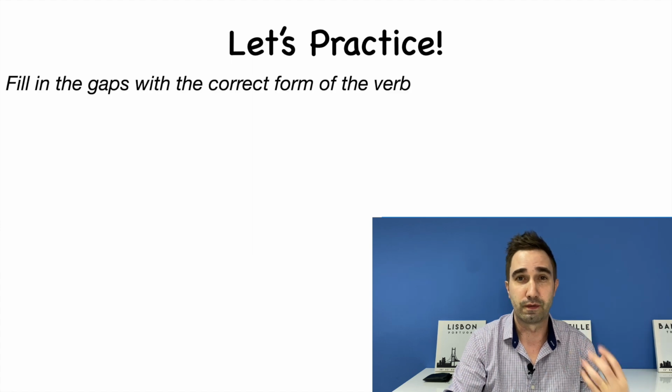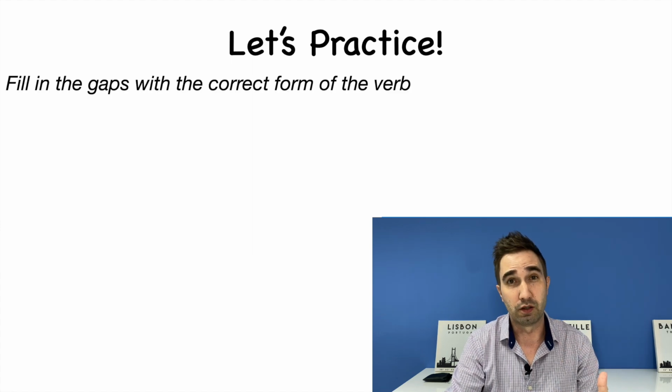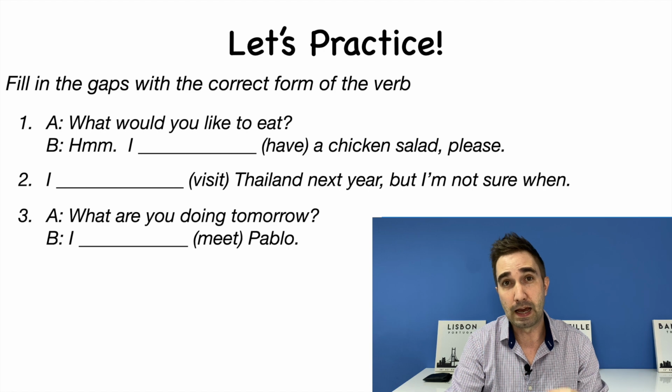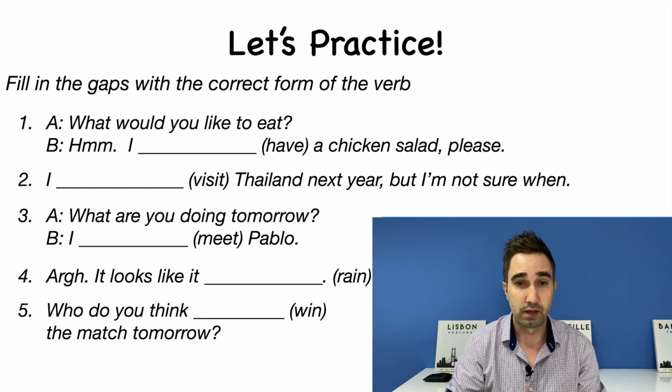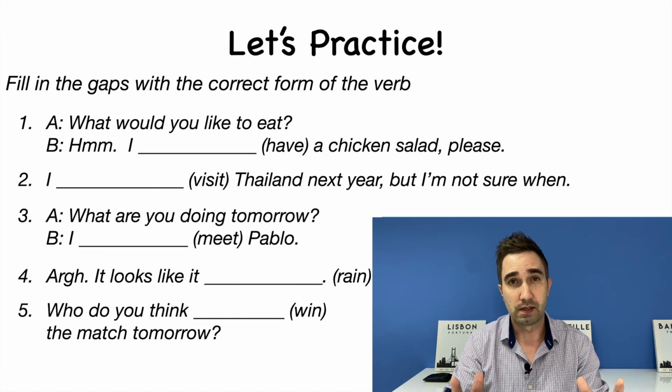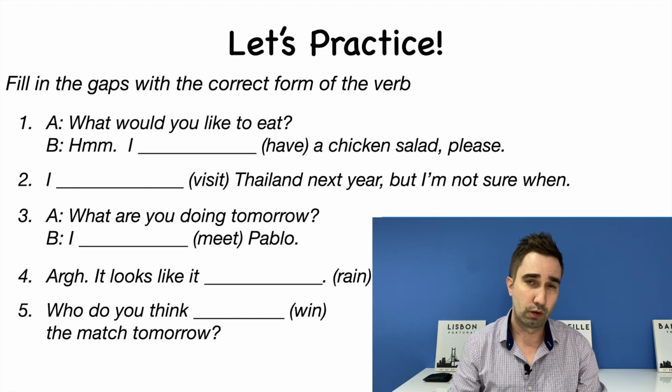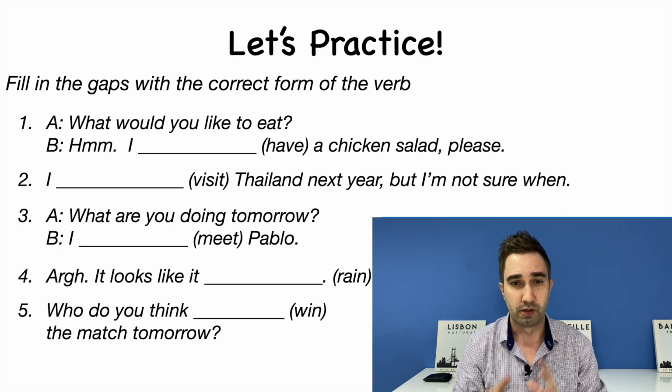So let's practice. Let's see if you understood what I just said. So here's 5 questions. And I would like you to just take a minute, fill in the gap with the correct form of the verb in brackets. All right, so I'll just give you 5-10 seconds. Just look at those, go one by one. Don't worry, we'll do it together, but just have a look there for a few seconds.